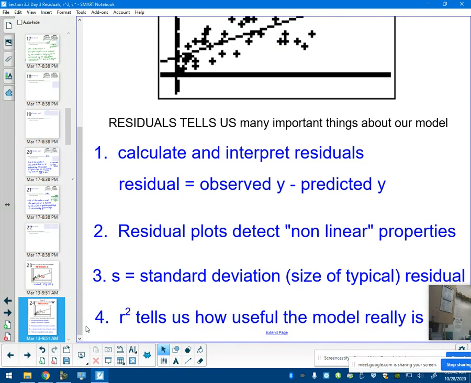So this is what the residuals tell us, and I think you have this page, and it would be page 33. So on page 33, this is at the top. The residual tells us many important things about our model. We can calculate and interpret residuals. Observed y minus predicted y.